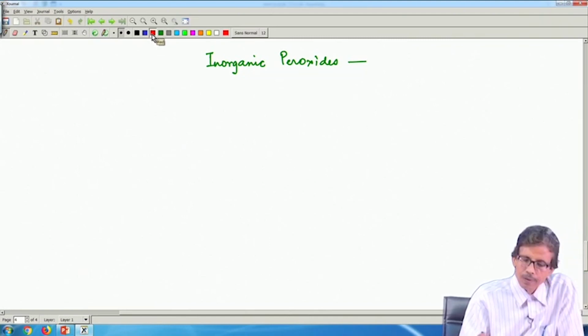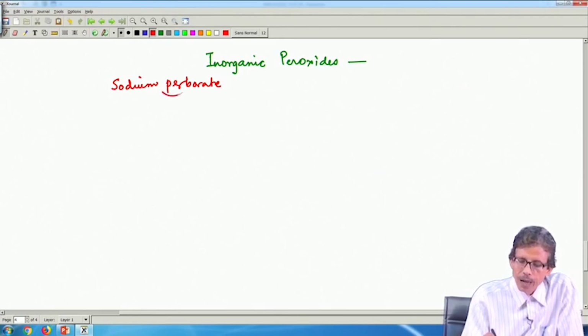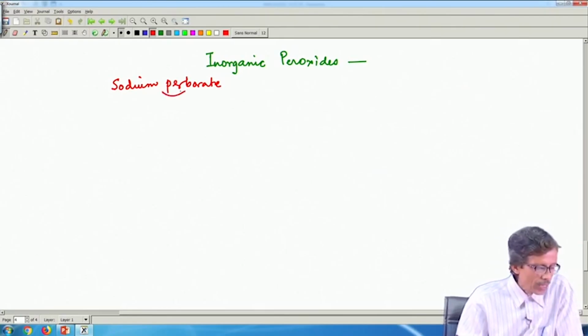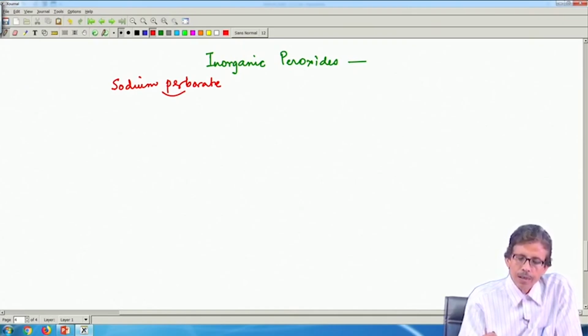One such is commonly known as sodium perborate. When the name tells us we are talking about a per- compound, that means it has a peroxide structure, a peroxide compound on a borate base, and sodium is present as a cation.